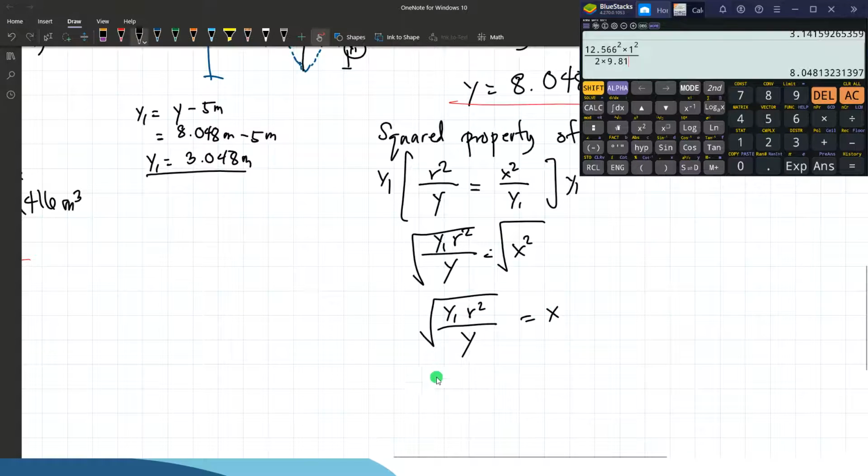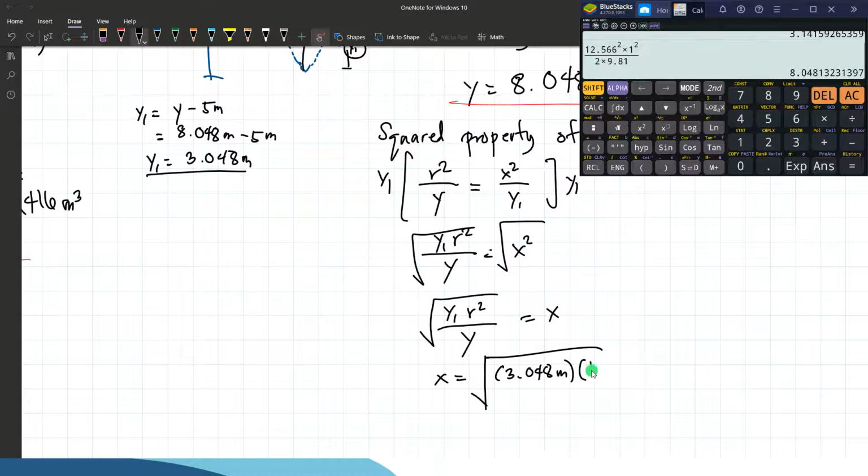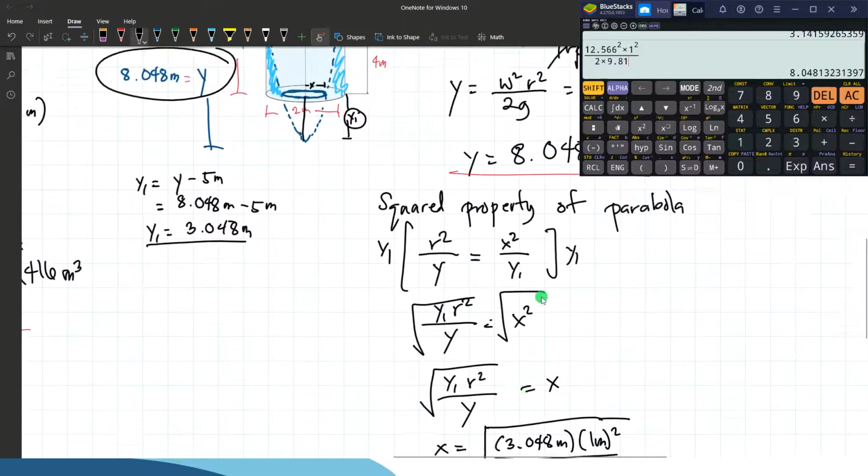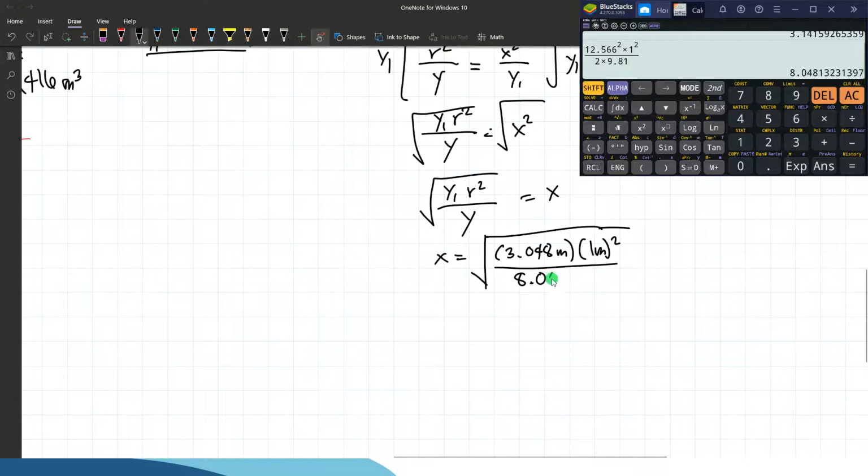Okay, substitute now. Let's just change the arrangement. We put x on the left side. We have y1 is 3.048 meters multiplied by r squared, or the radius, which is 1, squared, and divided by y, which is the computed y, 8.048 meters.